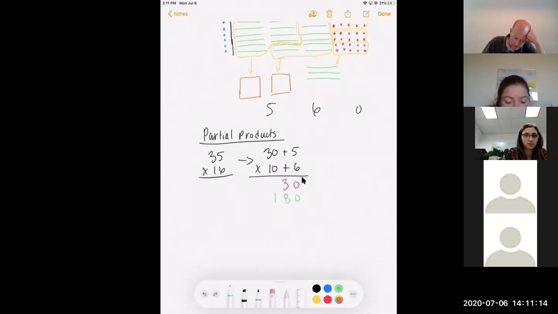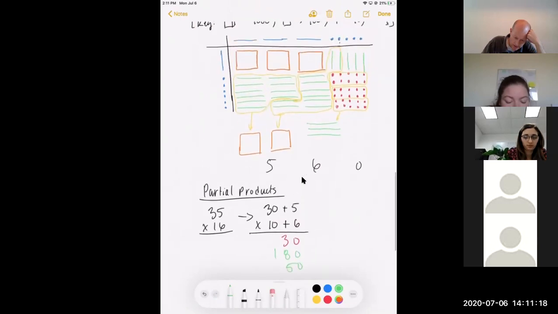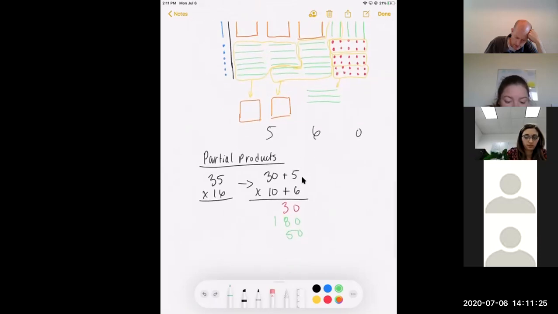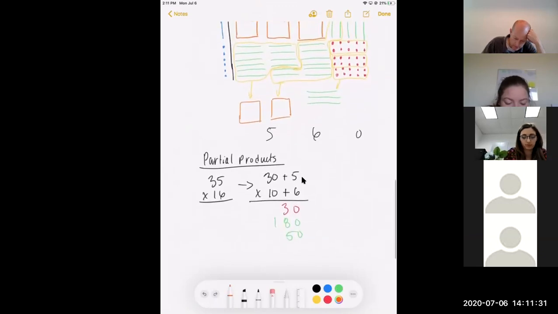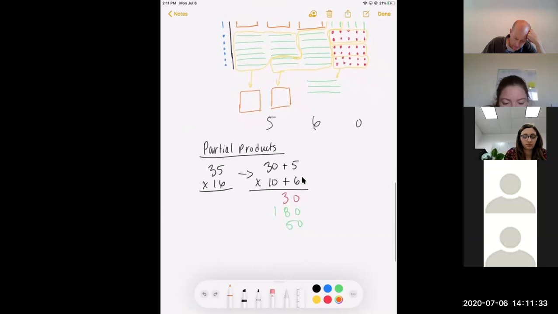The 10 groups of 5 becomes 50. Okay, so those are still rods. Those are these ones here. And then we have 10 times 30, which is 300.